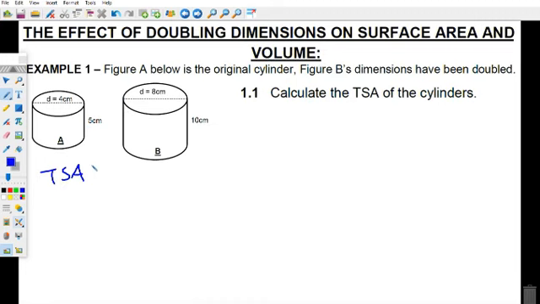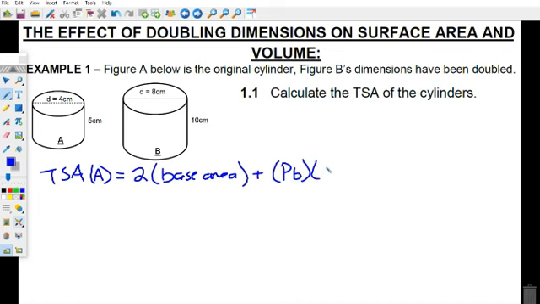Total surface area of A is equal to 2 times my base area. If you're talking about a cylinder, what shape is the base? A circle. Plus the perimeter of my base area. What's another word for the perimeter of a circle? Circumference.